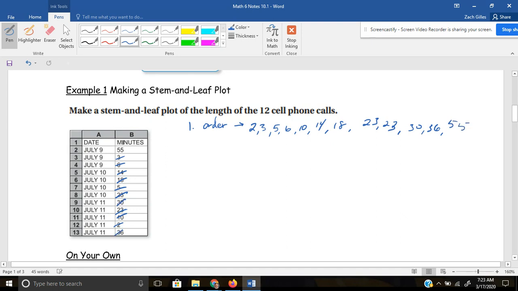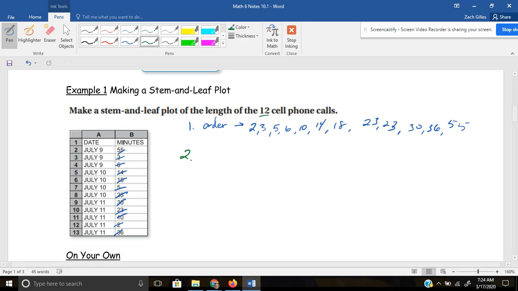So I have my data ordered. Again, that's for organization and to make sure I don't miss any numbers. Let's double check I have 12: 1, 2, 3, 4, 5, 6, 7, 8, 9, 10, 11, 12. Yes, I do.